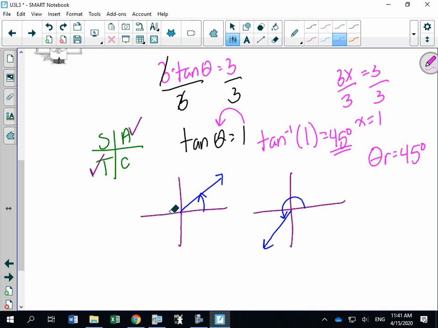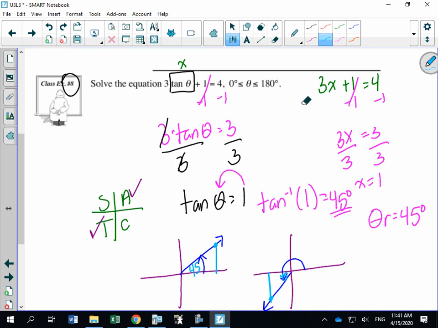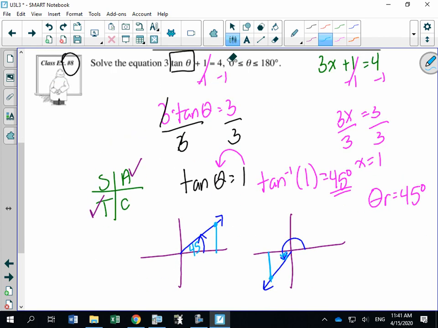So go to your 2 solutions, your terminal arms. Let's make our triangles, and let's put our reference angles of 45 in there. Okay, so now that I've got my reference angles of 45s in there, I just realized that the domain is restricted.